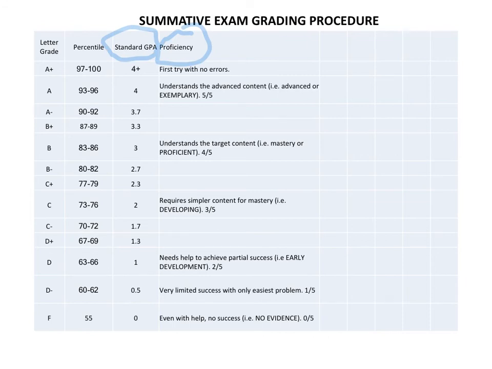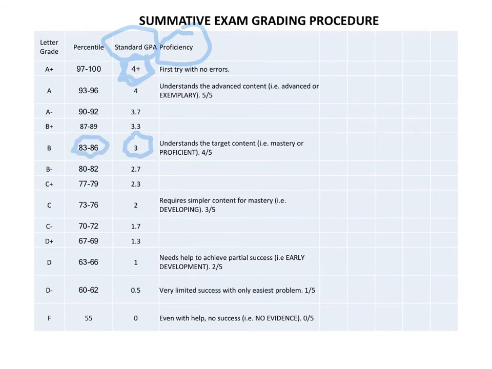Now, think of this as basically being 5 questions on a particular topic. If you get all 5 right the first try, you're at the very top. If you get 4 out of 5 right, you've mastered it. You've displayed mastery or proficiency, and this would correspond to a grade of 3, which on a 100-point scale would correspond to a B or about an 85.